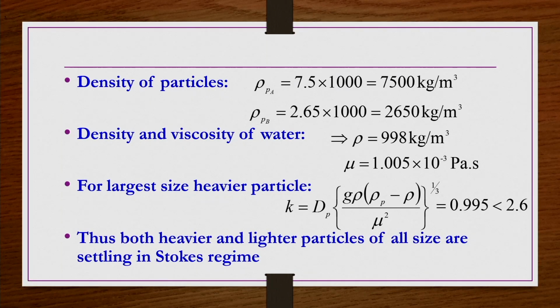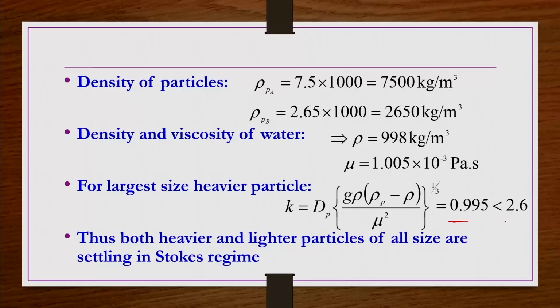That means both heavier and lighter particles of all sizes will be settling in Stokes region, because the heavier particles are going to have a larger settling velocity compared to the lighter particles, and out of these heavier particles, the largest particle size is going to have the highest settling velocity compared to all other particles. So the largest size of heavier particles itself is in the Stokes region.